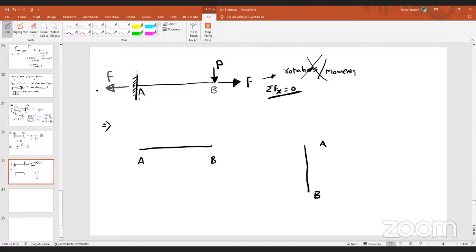Right? If someone is pulling you on the right side, and some other person pulls you on the opposite side, then obviously if both are equal, you will stay there itself. Or you can apply the summation of force X equal to 0: F is on the left side and F is on the right side. What will be the net magnitude? 0. Similarly, what will be the vertical reaction that will develop at point A?